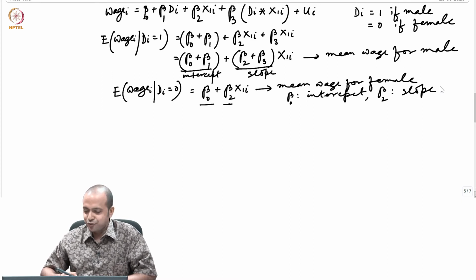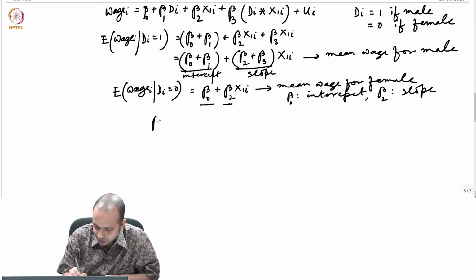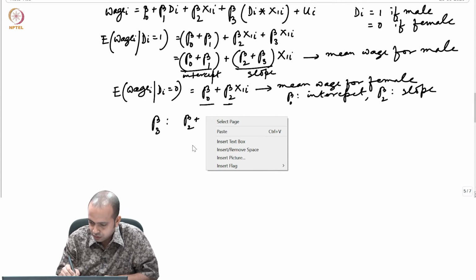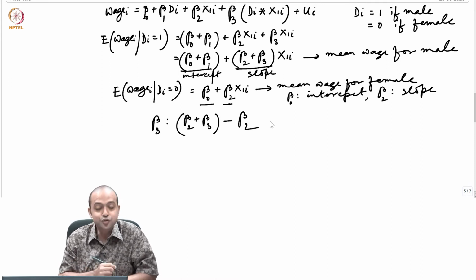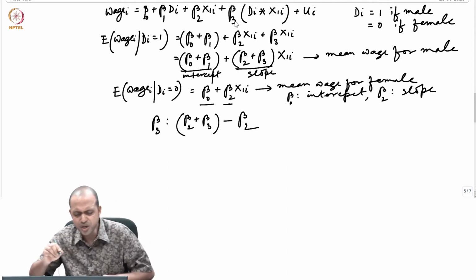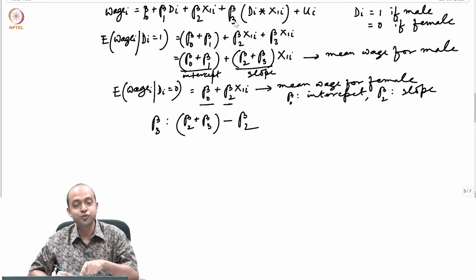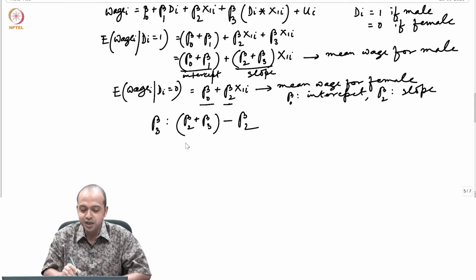Now, you can easily understand one thing, that how do you derive beta 3 then? Beta 3 is basically beta 2 plus beta 3 minus beta 2. As I have told already, the interpretation of the coefficients in a dummy variable model is always derived. So, the moment you think about the interpretation of beta 3, you have to really derive beta 3. And how am I deriving it? It is very simple.